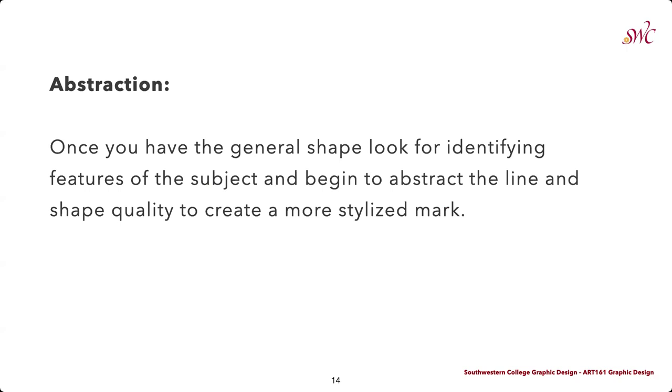Now, once you have the overall form, then you can start to think about some abstraction to this. And when we think about abstraction, you want to start to identify features of the subject and begin to abstract the line and shape quality to create a more stylized mark.